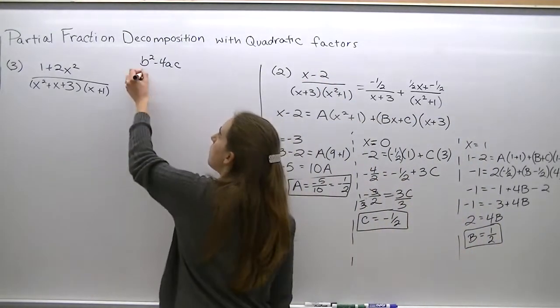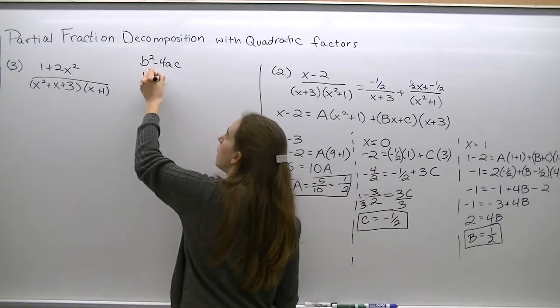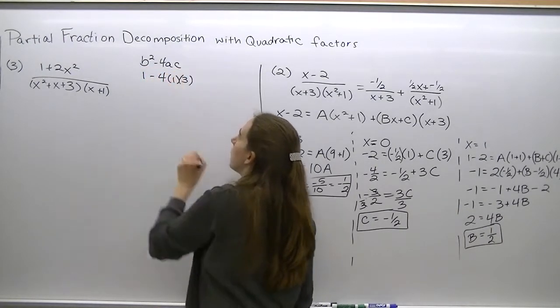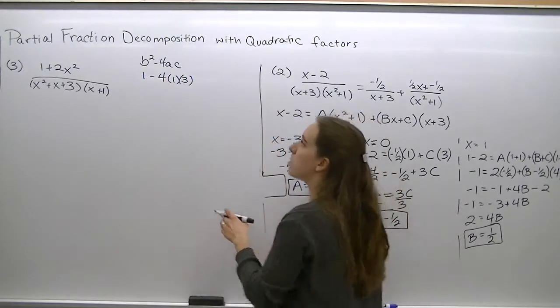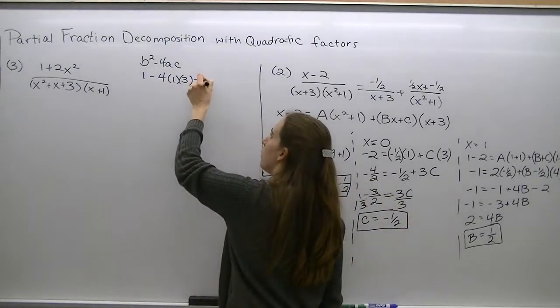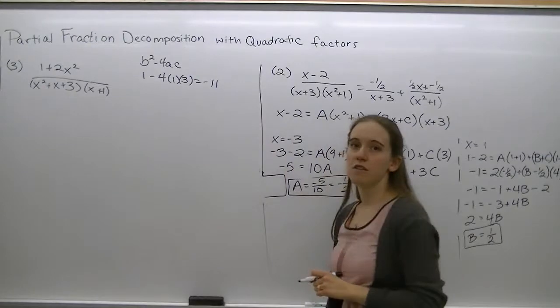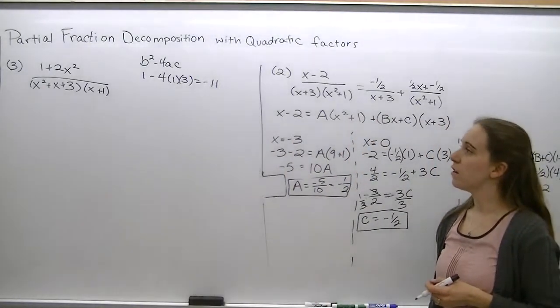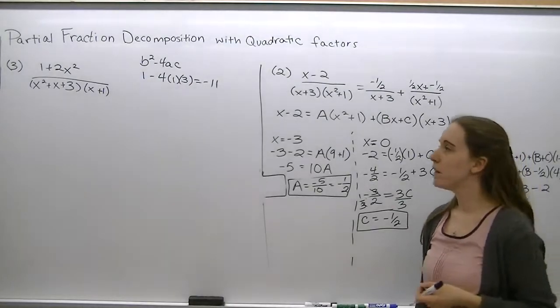So here, b is 1, so 1 squared minus 4 times 1 times 3. So that's going to be 1 minus 12, definitely negative. So this quadratic indeed does not have any real solutions.